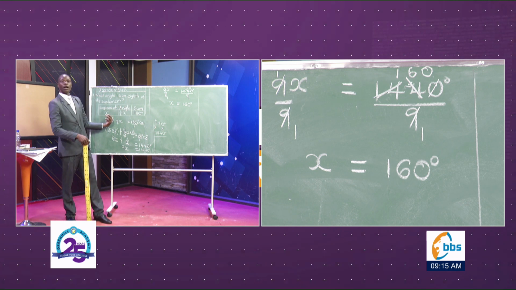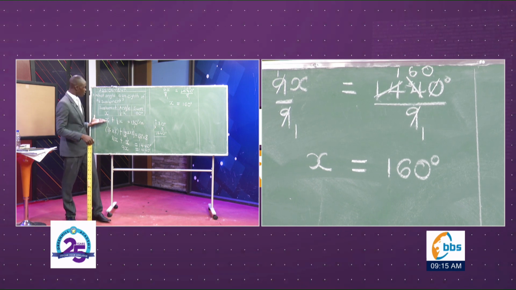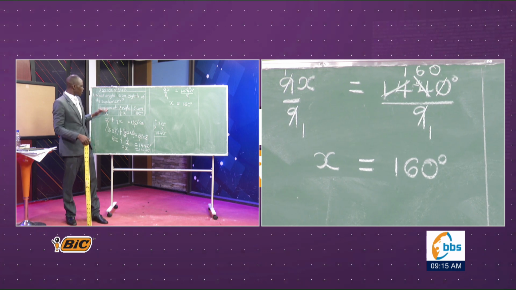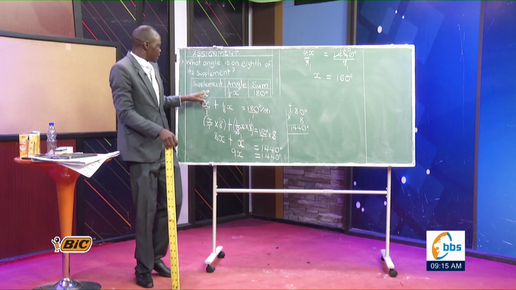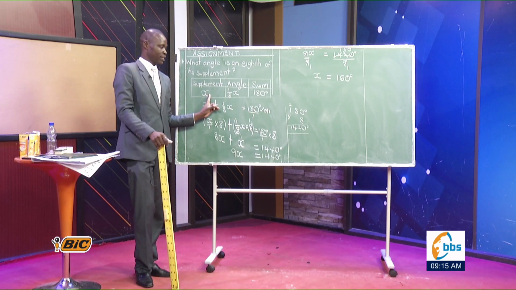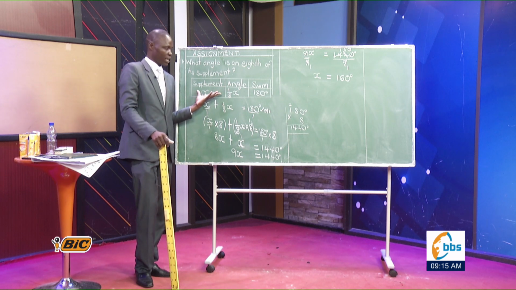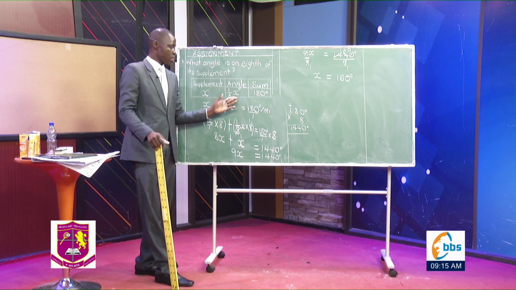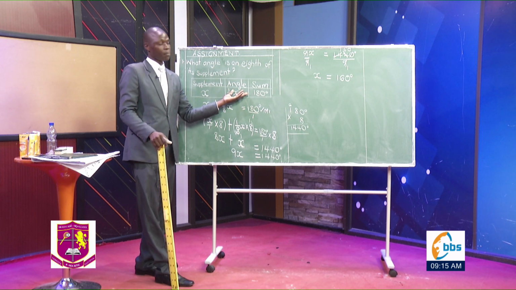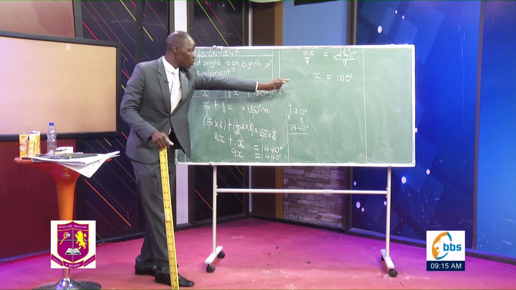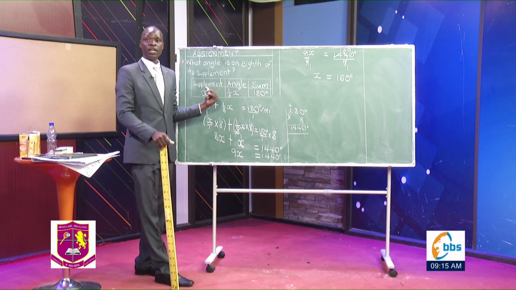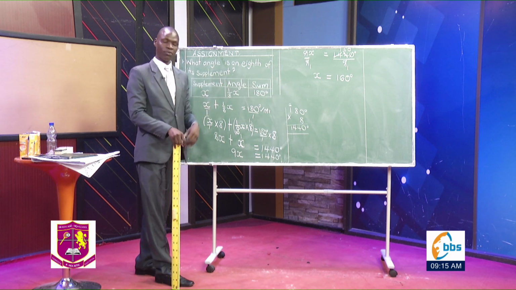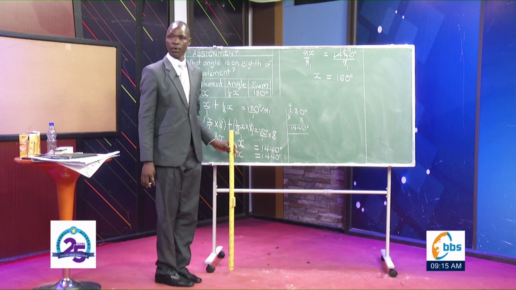Back to our formation. Here, we assumed that the supplement is x. And once the supplement is x, the angle will be an eighth of the supplement. So we have just got the supplement, we don't know the angle, and therefore we need to find our angle now.